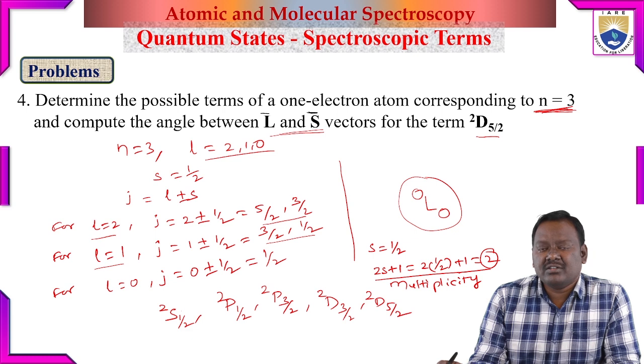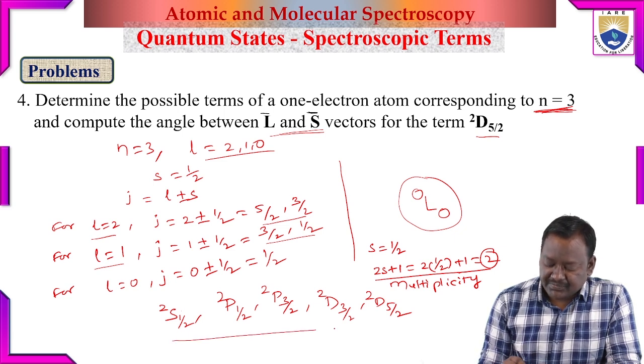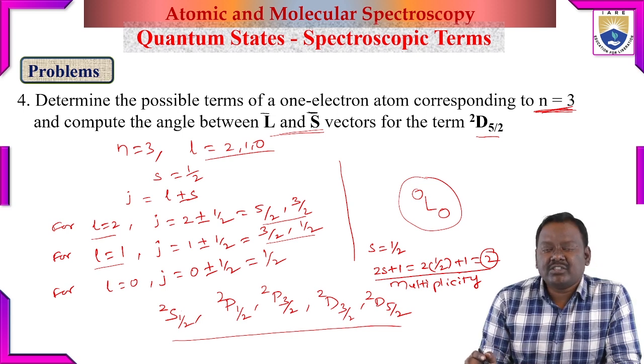So whenever the electron is orbiting with principal quantum number n equal to 3, there are 3 possible L values, and these are the possible J values. So according to n, L, J, we can represent different states of electrons like this. So there are 1, 2, 3, 4, 5 quantum states possible for the single electron.